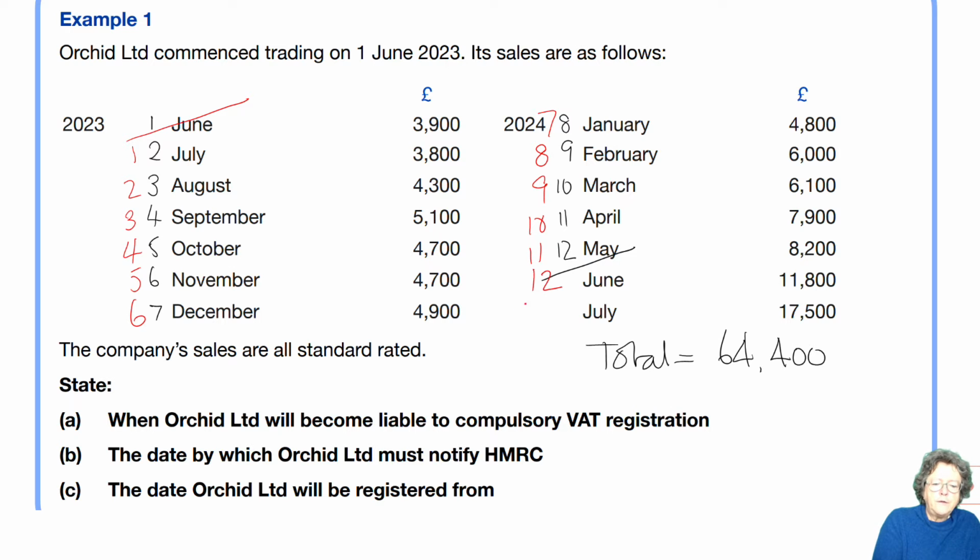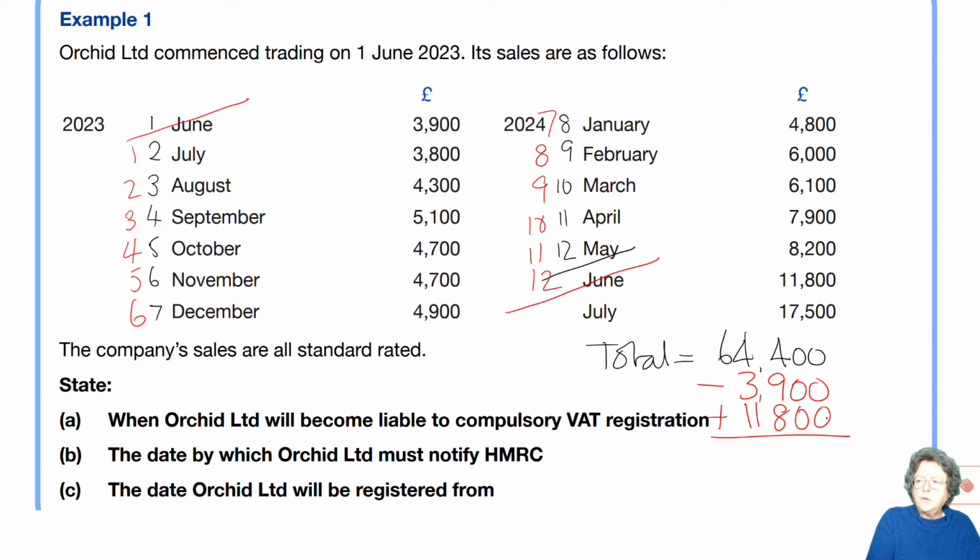So we've rolled it forward. We've taken off the last one and basically added on the new one. So if we take off 3,900 and add on 11,800, the total is now 72,300. We're still not over the limit.